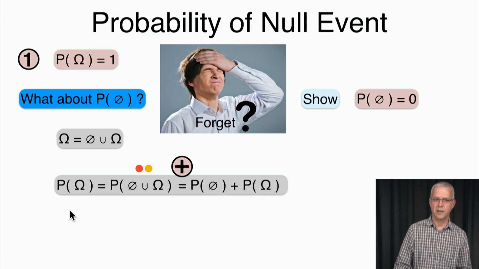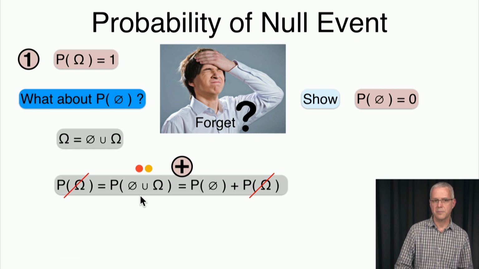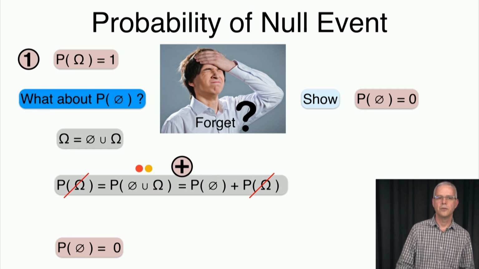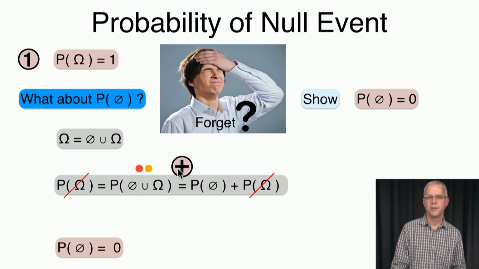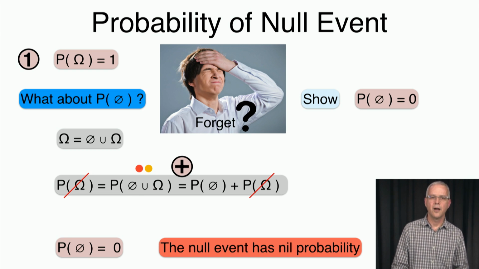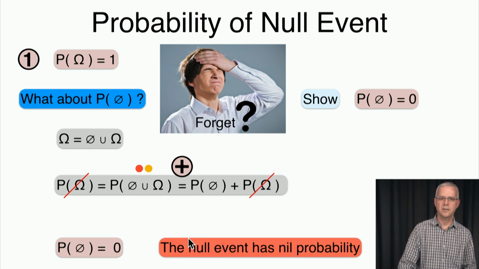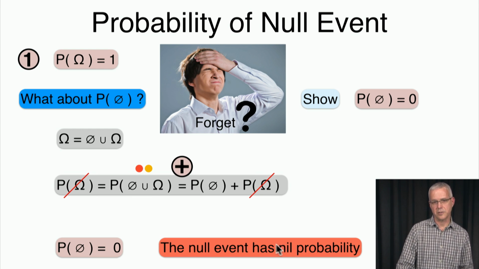The probability of omega cancels on both sides, and we get that the probability of the empty set is 0. Okay, so that was pretty easy. Again, it's a one Lego result, and it says that the null event has nil probability, where nil is 0.